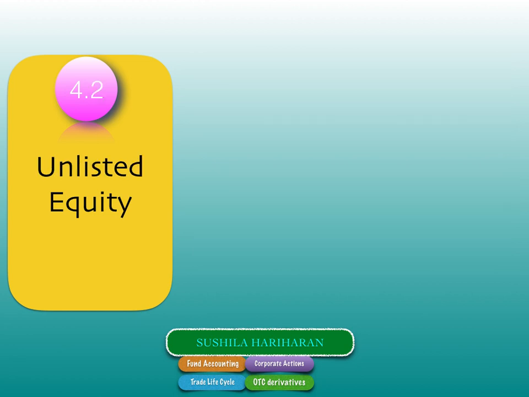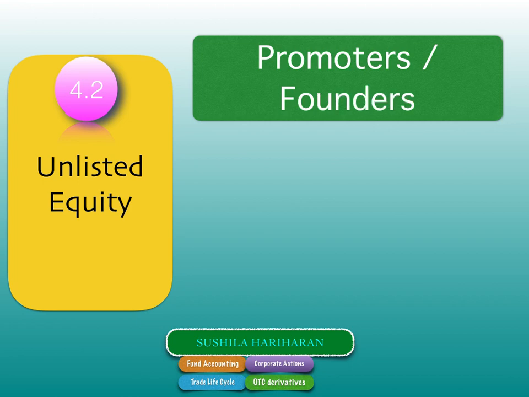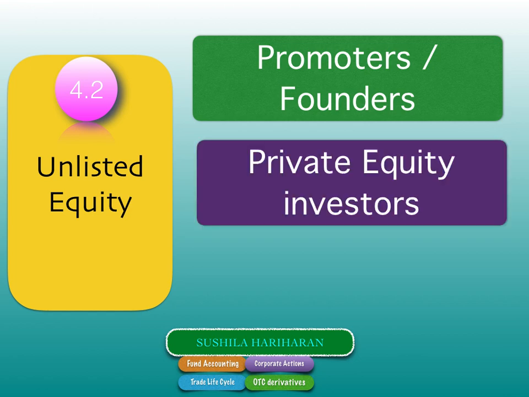So, who are these investors who hold unlisted equity? These could be the promoters themselves who have started the company. Yeah, the founders who have got together and decided the valuation and the multiplier effect, etc., etc. They are themselves the ones who have started the company. So they will also be holding the unlisted equity in their own company. Okay, it could be private equity investors. Many of us are working in fund accounting.